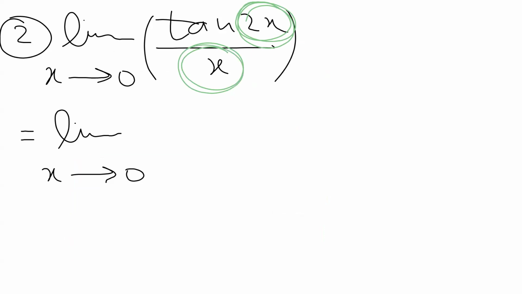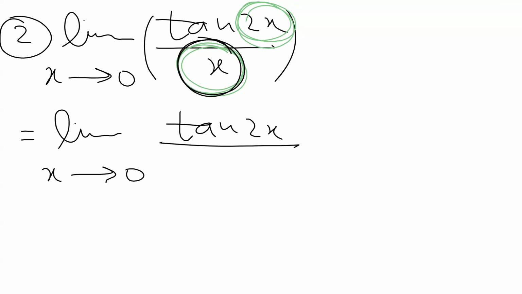So down which value is required so that the formula is applicable? 2x. Correct. To make 2x in the denominator, what we need to do? Multiply and divide by 2.